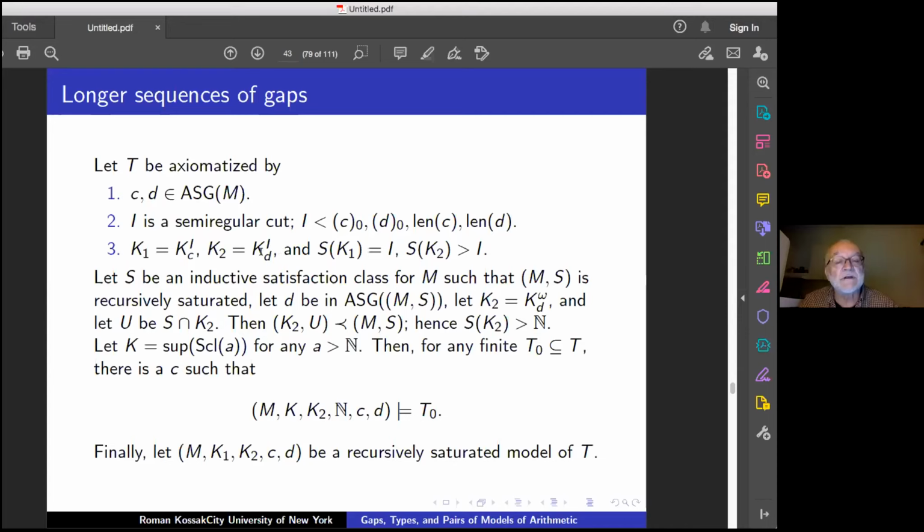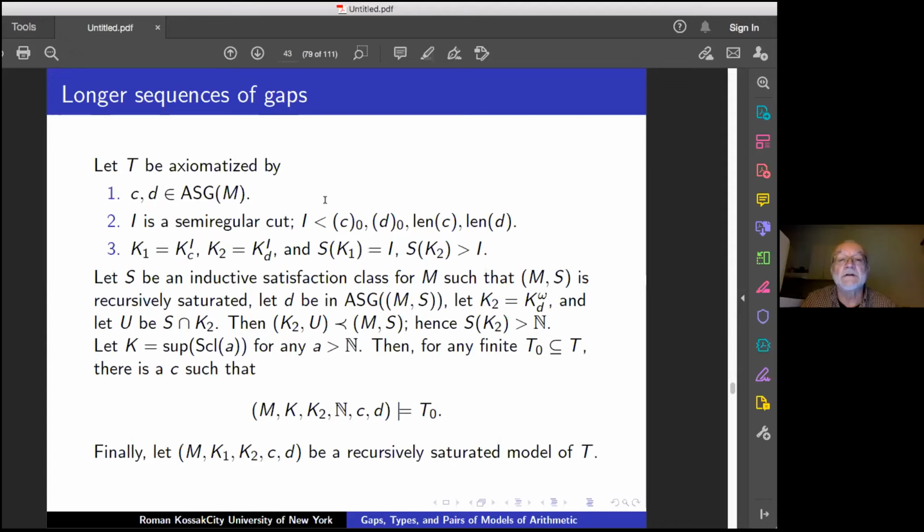Now K1 is the supremum of c_i, where i is in I, and K2 is the supremum of d_i, where i is in I. So these are those ascending sequences, like on my picture, the models determined by these two sequences of length I. Now we want S of K1 to be I, and the other one we want to be greater than I. If we get a model of this theory, this will be the example.